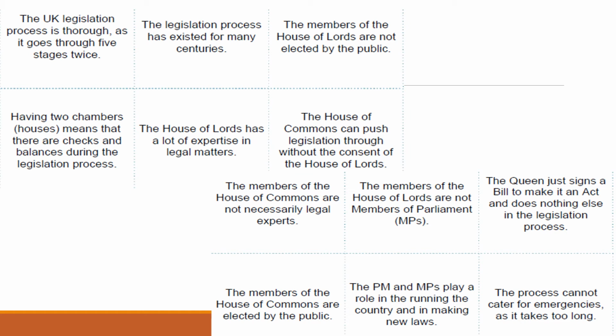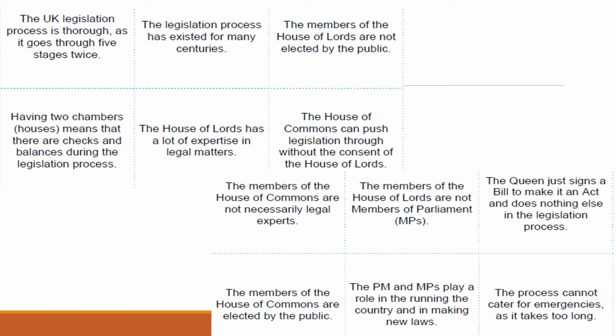The members of the House of Lords are not MPs, so they've not been voted in, which again challenges democracy. The Queen just signs the bill to make it an act. She's not really very much part of it, which you could argue is good because she's not been elected, so that doesn't really challenge democracy. The members of the House of Commons are elected by the public, which again improves democracy.